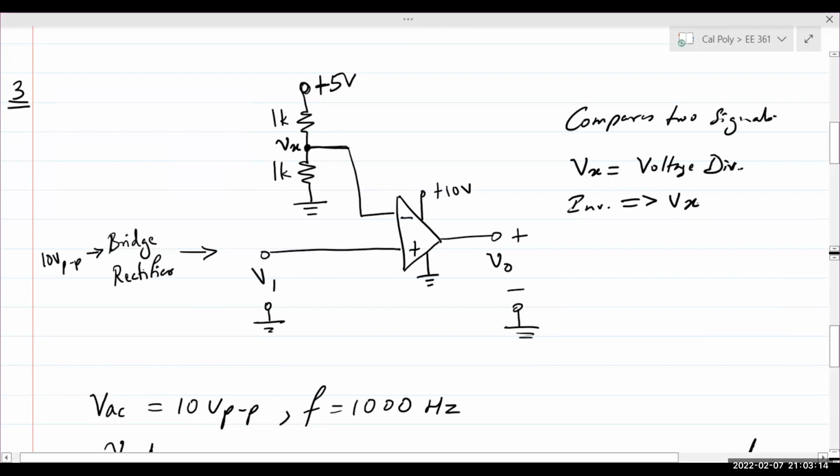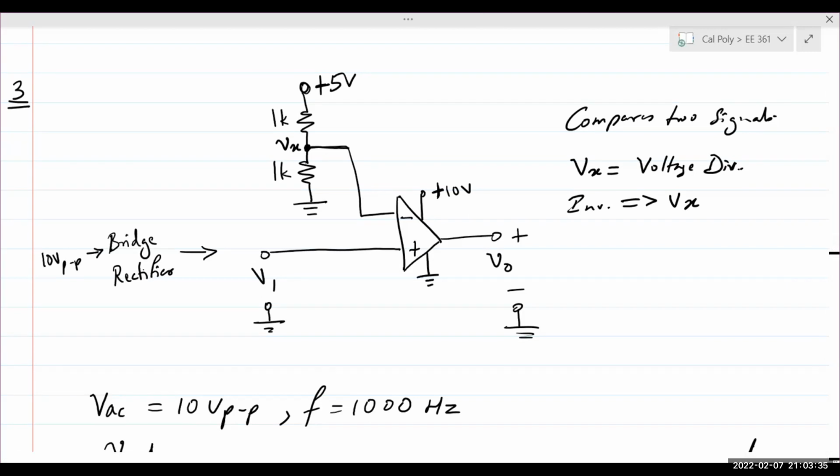Okay. Now, based on the connection, meaning the negative terminal and the positive terminal, the difference between the two, when it goes above the negative terminal, V out will go to plus 10, right? That is basically the input that's being applied.